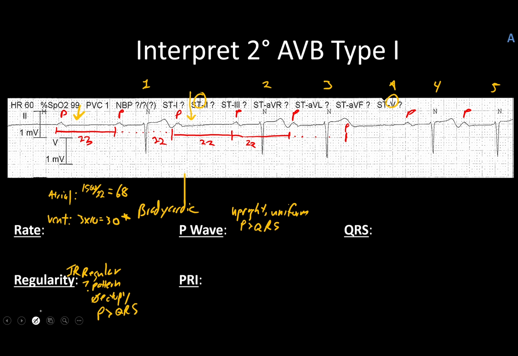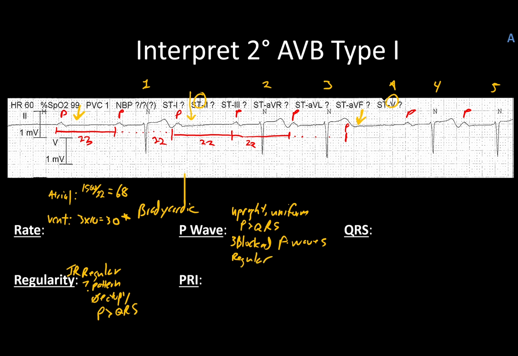And because of that, we will actually mark down that we have a dropped beat here as well. So we actually have 1, 2, 3 blocked P waves. And that we are regular.